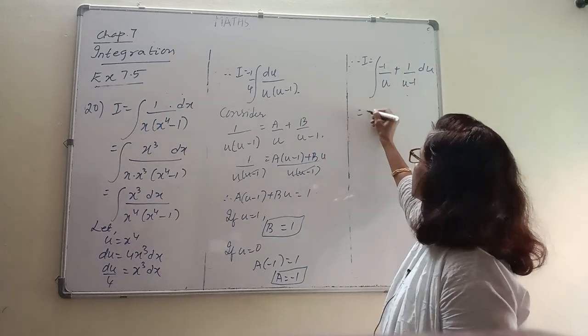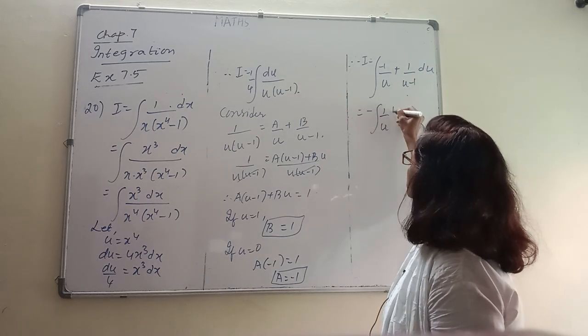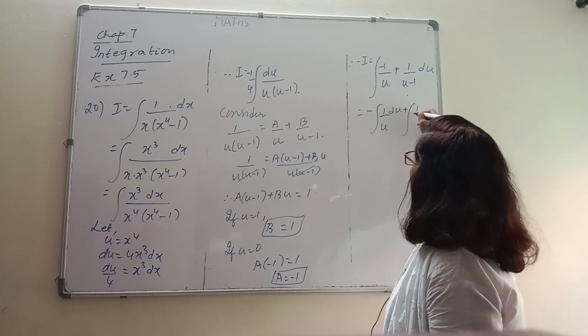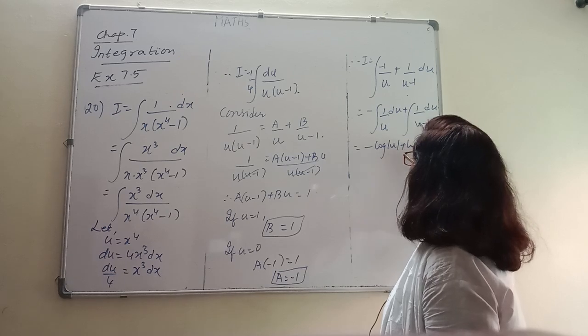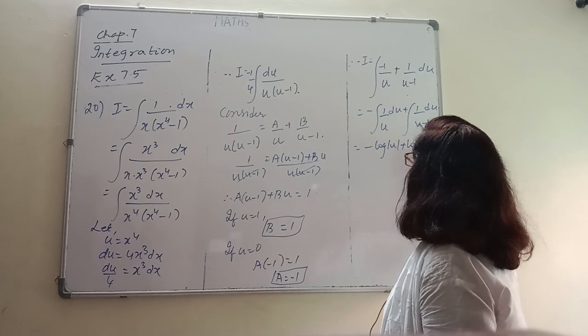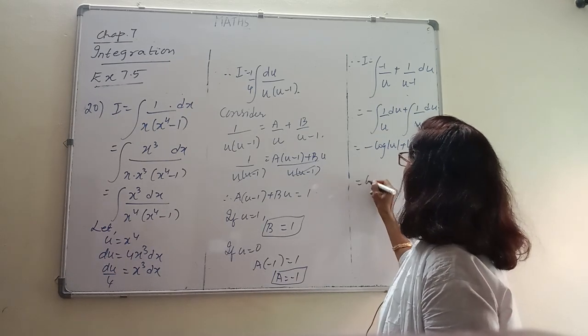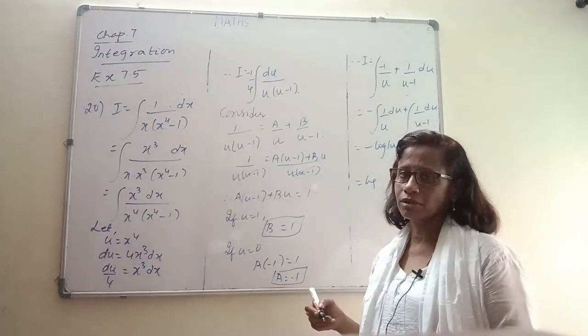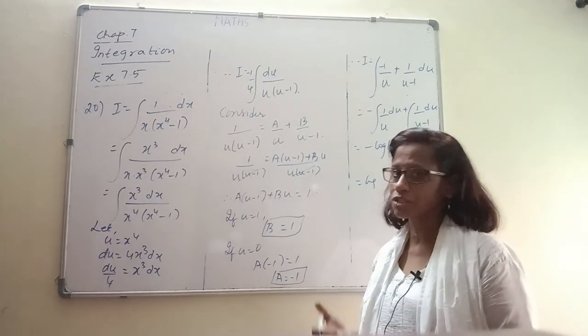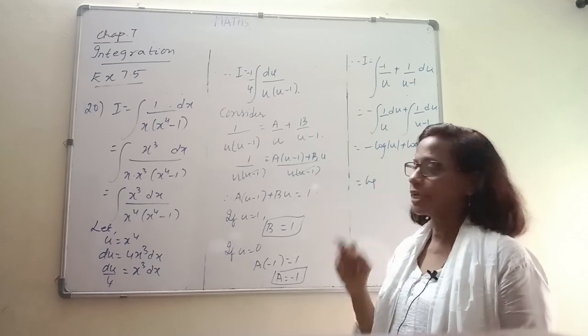Let's separate it: negative 1 over u du plus 1 over u minus 1 du. So that's minus log modulus u plus log modulus u minus 1 plus c. As I always tell you, you can use your own modifications for the log in order to get the final answer.